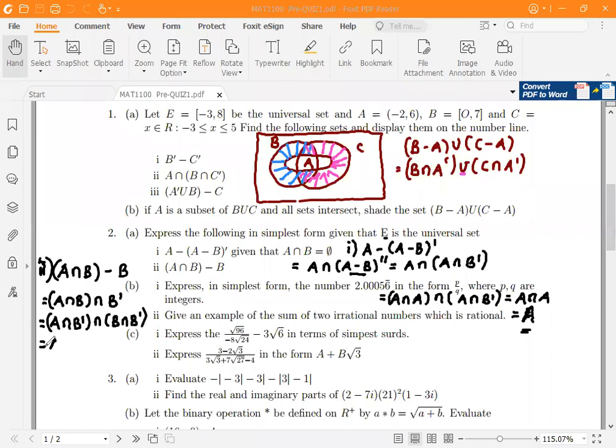The first one remains A intersection B complement. The second one, B intersection B complement, is empty. Now any set intersection empty is empty.